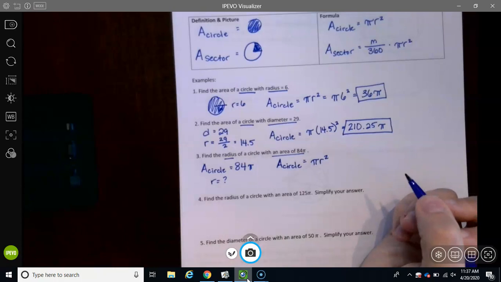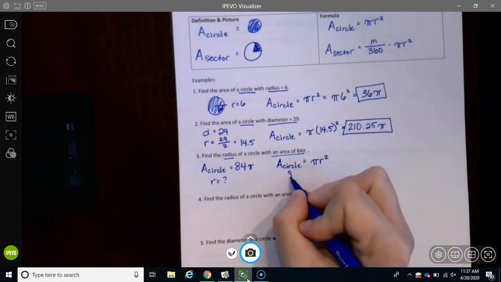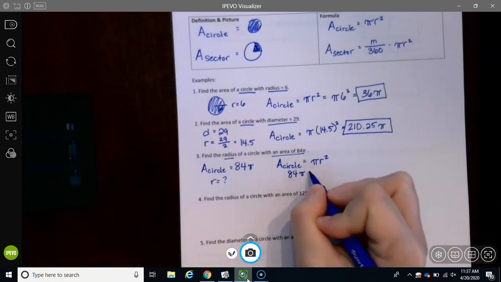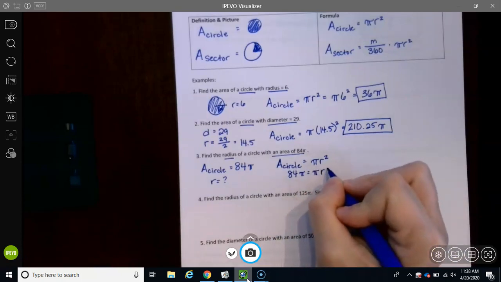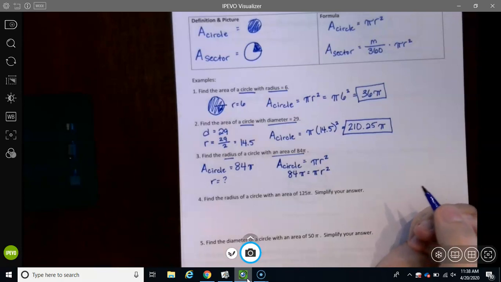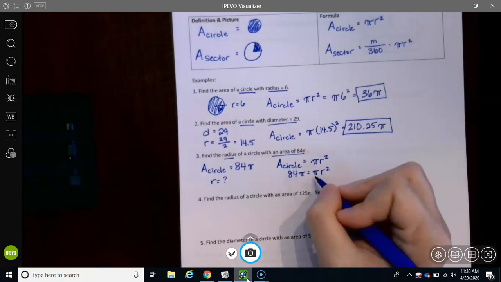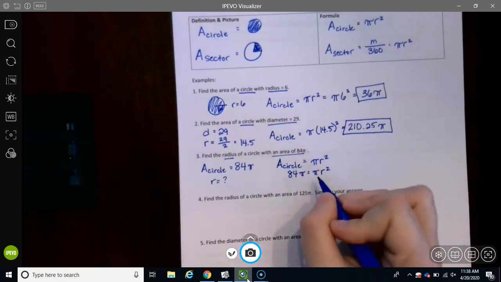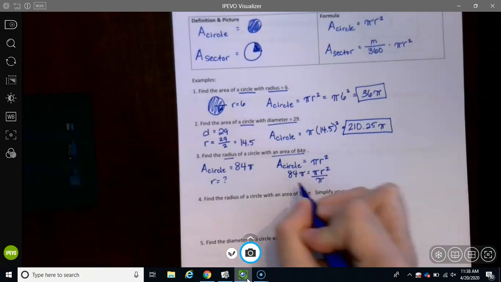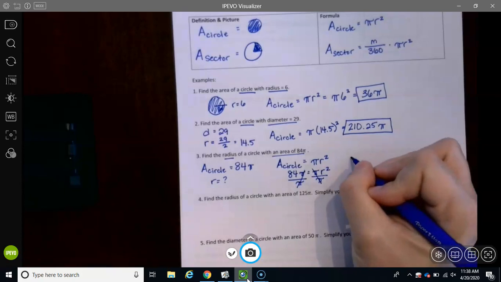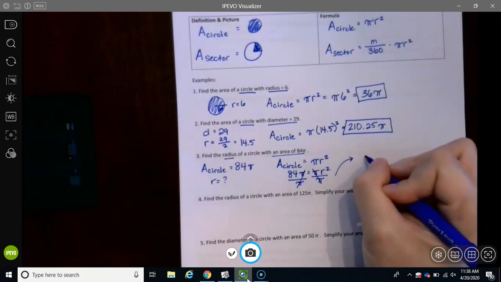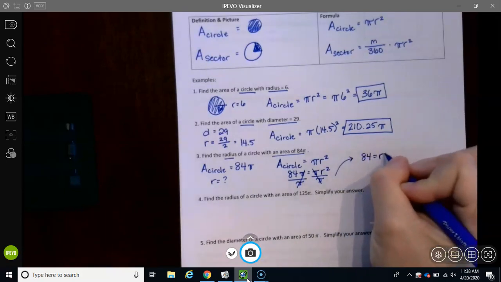If we replace the area of the circle with 84 pi, and we solve for the radius. So our goal is to get that r by itself. First things first, we want to get rid of the pi that's multiplied to it. So we divide both sides by pi. And so that leaves me 84 equals r squared.